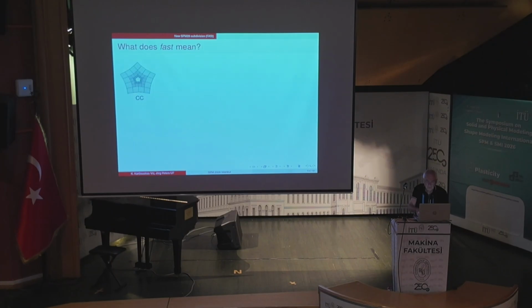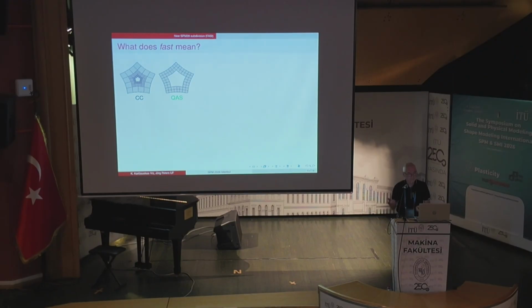And so on. Now the question remains why we call it fast. Okay, so here you see 3 rings of the quadratic-attraction subdivision. First, to recall, you see the structure.